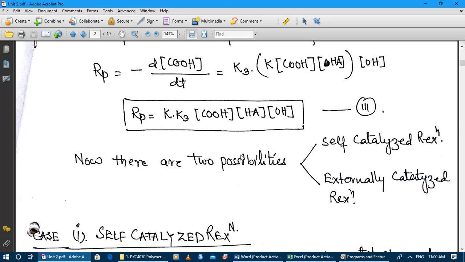Self-catalyzed means instead of taking a catalyst HA, which is basically an acid capable of donating one hydrogen, so this is a weak kind of acid, the carboxylic or diacid monomer itself can act as a catalyst. This kind of reaction, where the diacid itself is acting as a catalyst, will be known as self-catalyzed type of reaction.